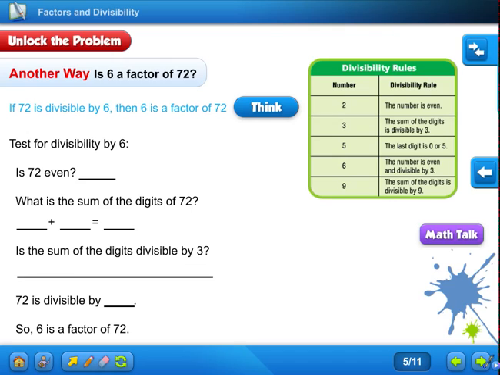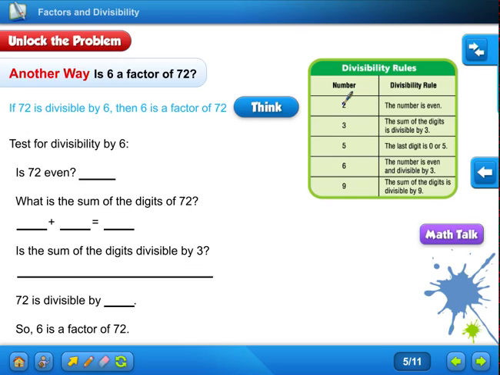I thought this page was really neat because it gives you a list of the rules right here. So, what this means is, can it be divided by 2? Well, here's the rule. If the number is even, then it can be divided by 2. Can it be divided by 3?